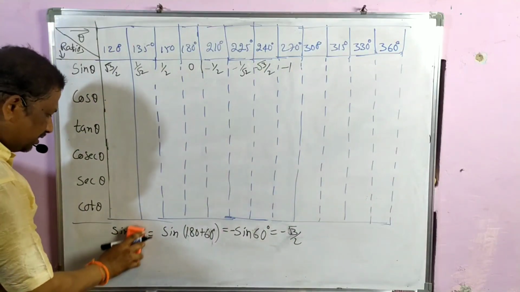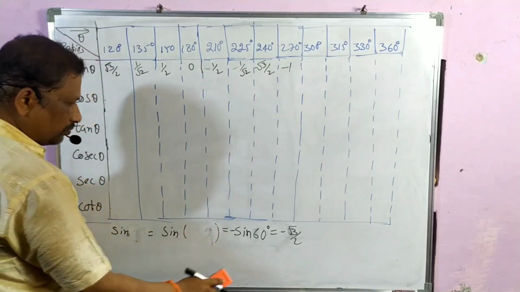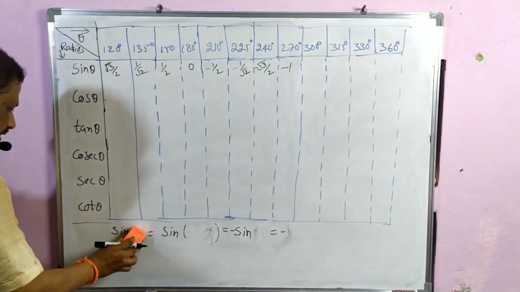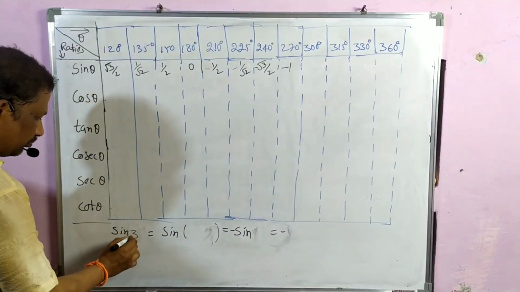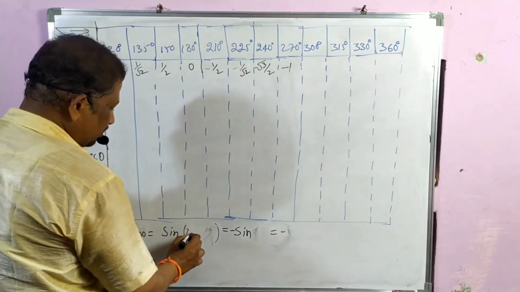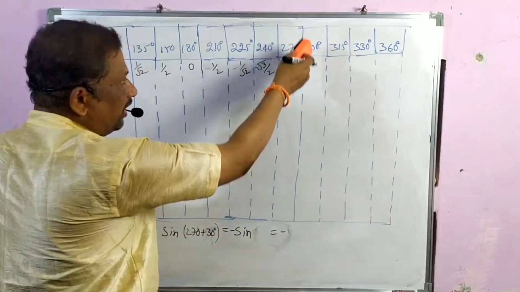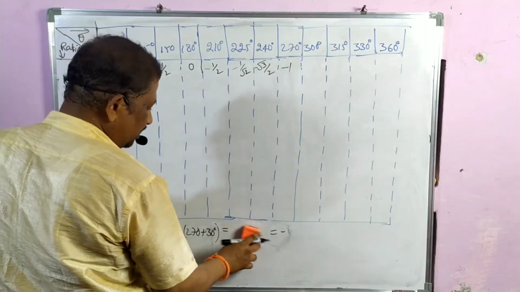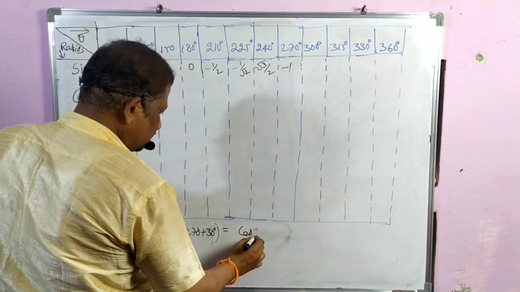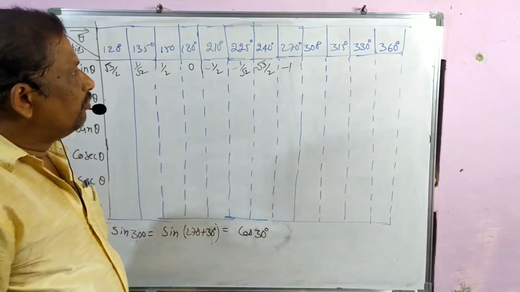Okay. In the same way, 300 degrees. Sin 300 degrees we can write as 270 plus 30 degrees. It is operating on the y-axis, so the ratio changes. Sin becomes cos, cos 30. Which quadrant does it fall in? Fourth quadrant.